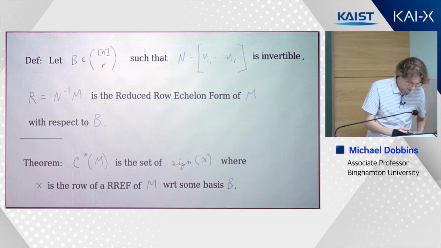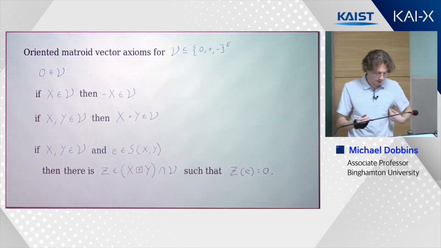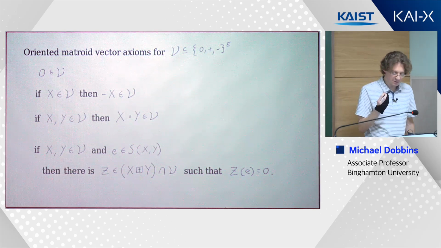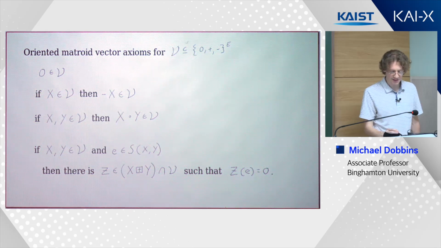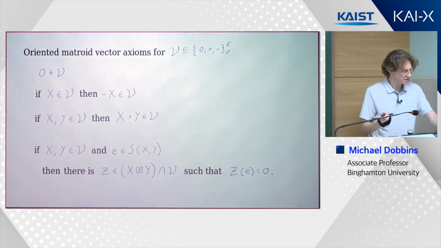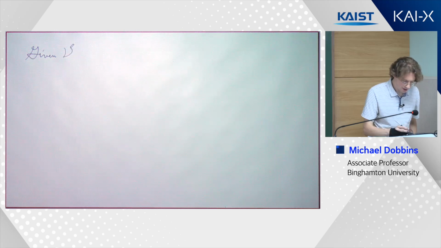So some directions you could ask a question: given something that satisfies these axioms, let's say we're given some V, can you tell whether it came from a matrix? This is a question.